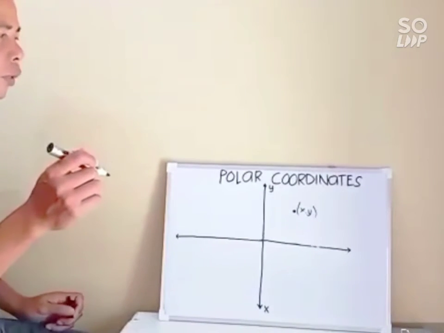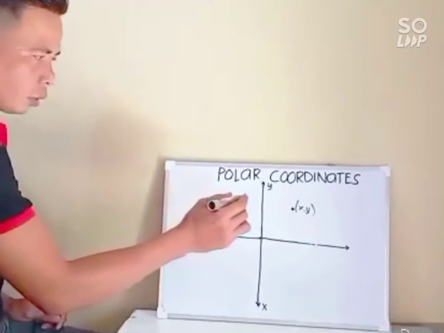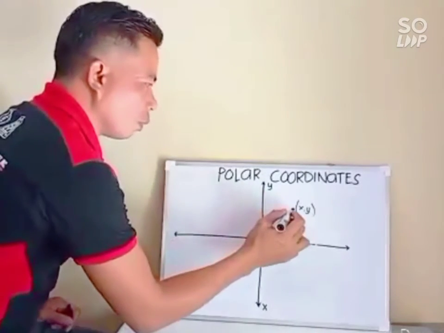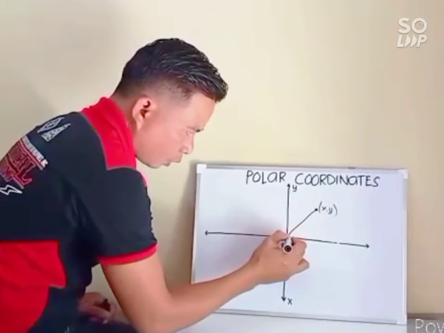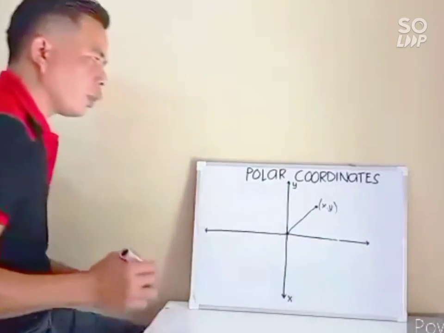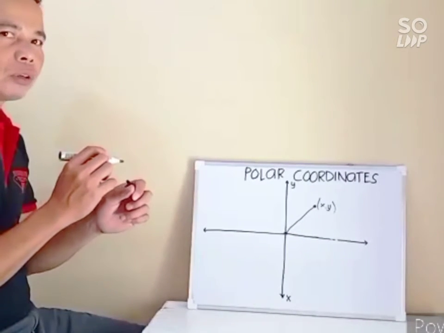Instead, we are going to use other variables. Let's say from this point to the origin we have a line, and this line we call the radius vector.